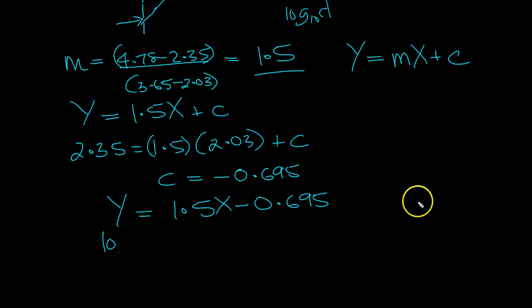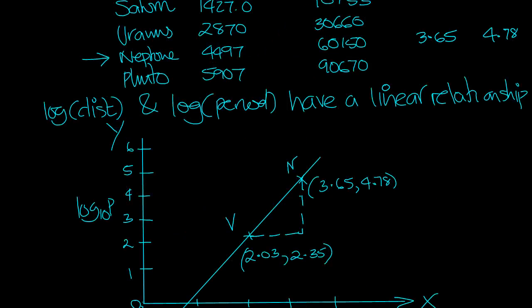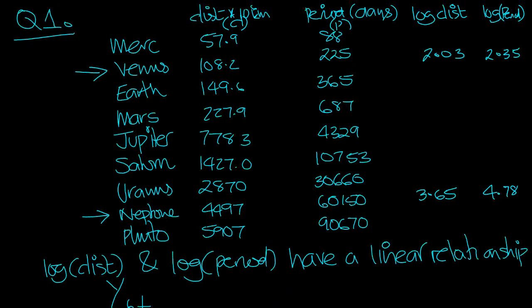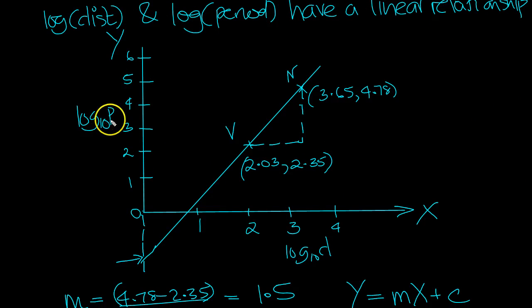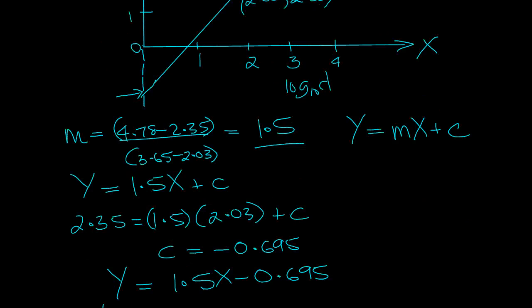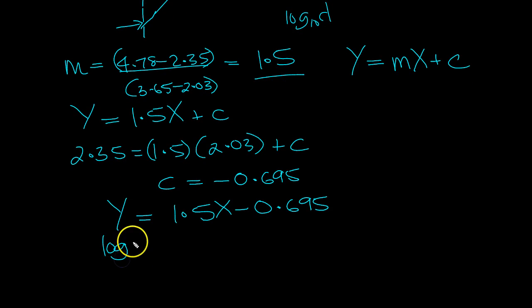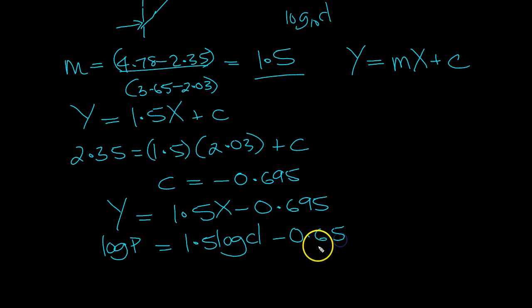So log of the y-axis was the period, and the x-axis the distance. So the 2.35 was the period. So this is the period, and this is the distance as marked on the axes. So log 10 p, this base 10 we're using, is 1.5 log 10 of d minus 0.695.